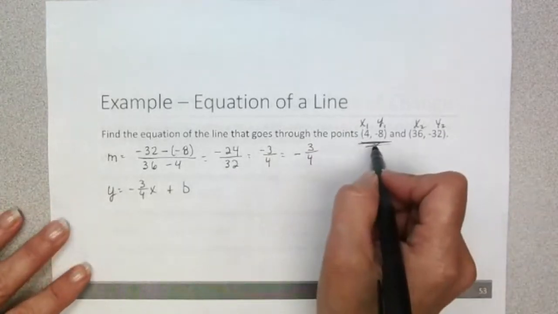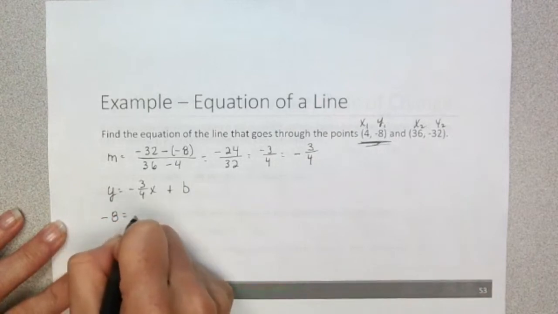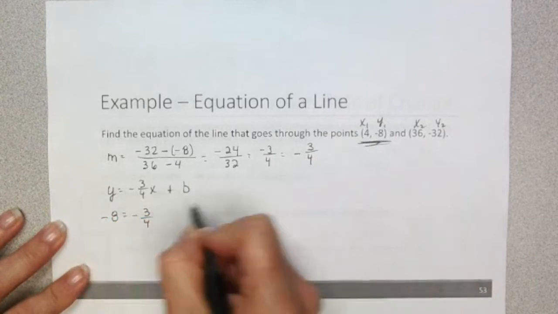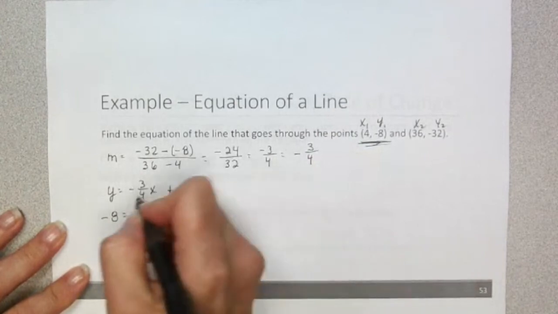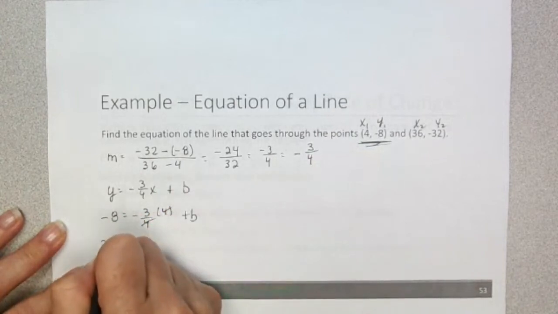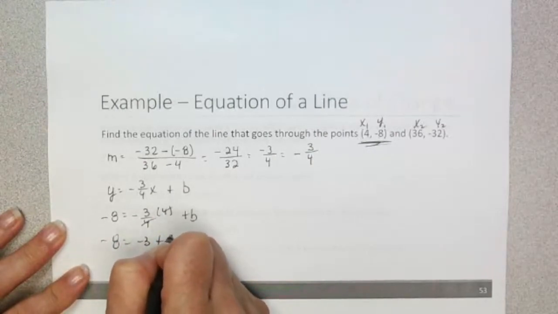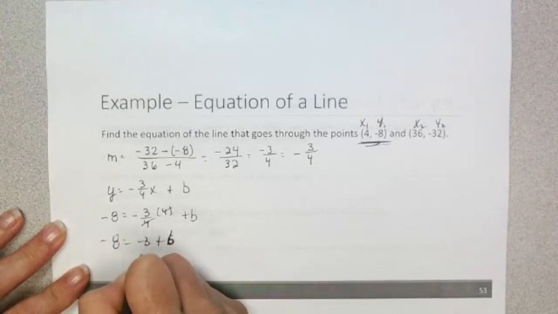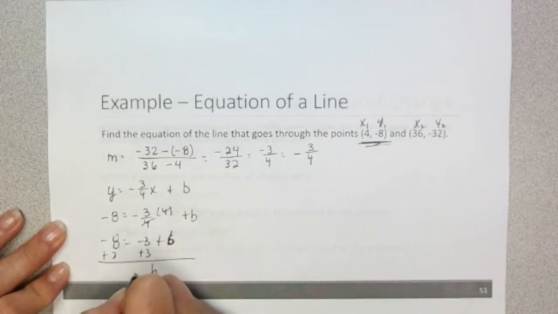So I will plug in -8 for the y, that's going to be -3/4, and I'll plug in the 4 for the x. These 4's then divide out. So -8 is equal to -3 plus b. Add 3 to both sides, and I have my value for b. b is going to be equal to -5.